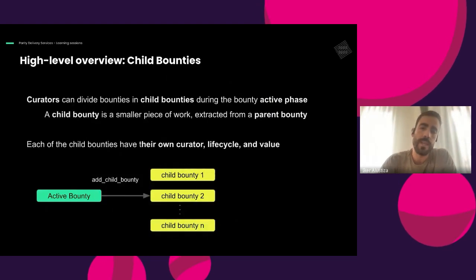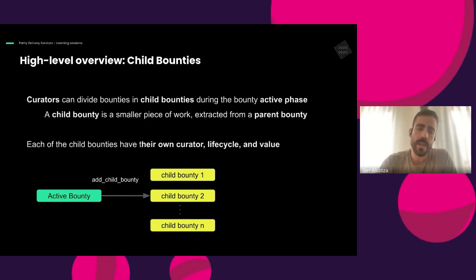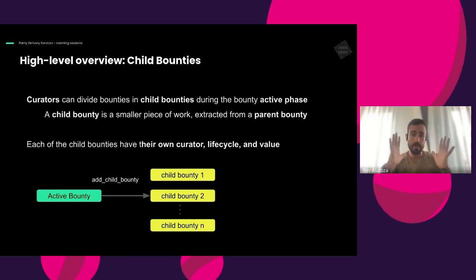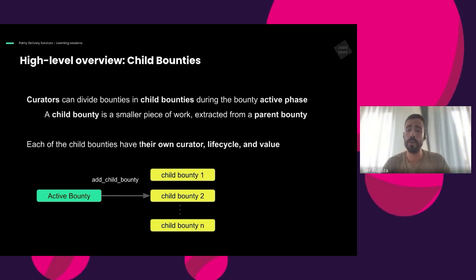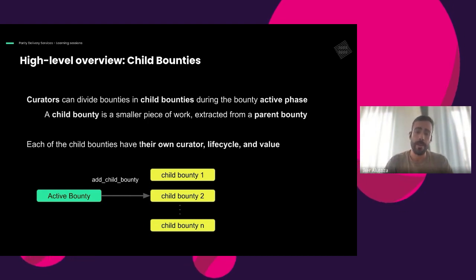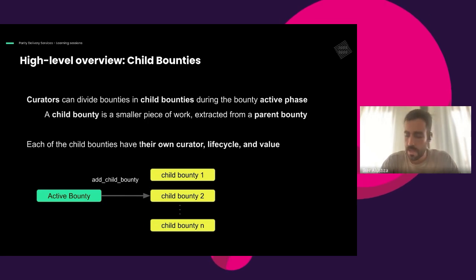Let's move on to child bounties. So basically what child bounties do is that curators can divide the main bounty into smaller pieces of work that can maybe be made in parallel. So for example, imagine that the bounty is about creating a web page for XCM.